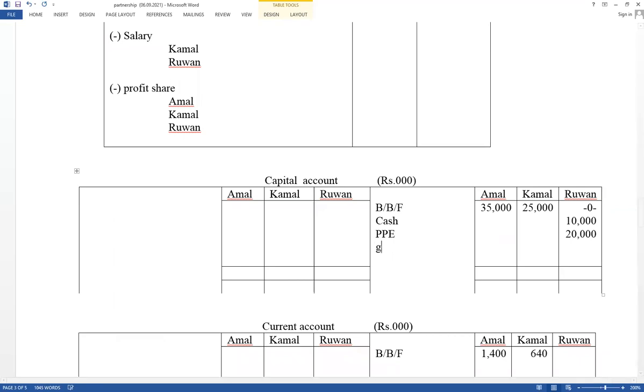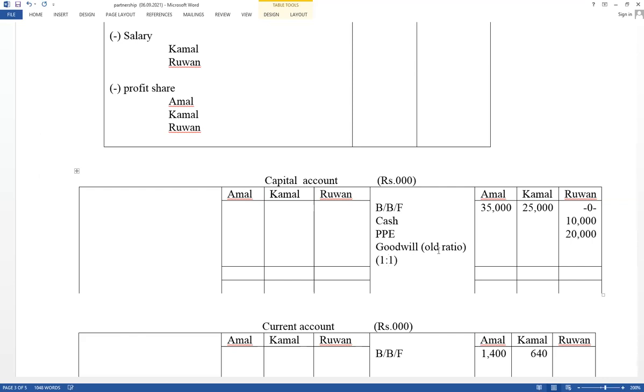As goodwill, credit by using the old ratio. It has given the old ratio 1:1, equally.